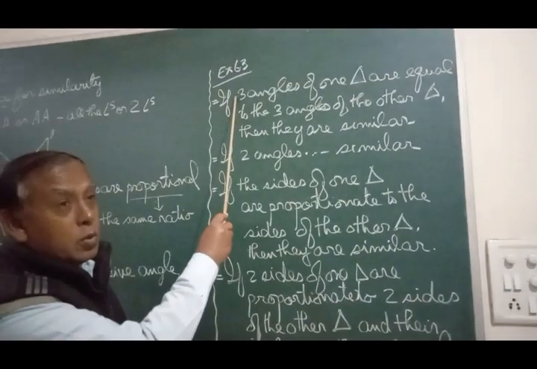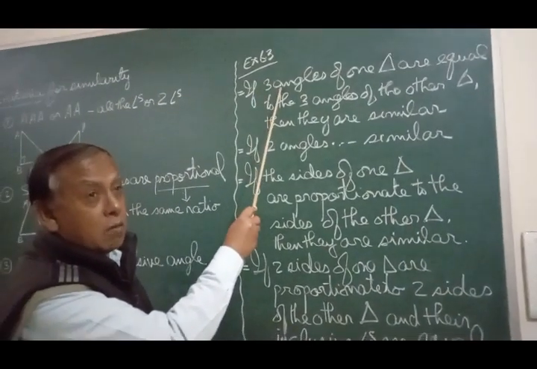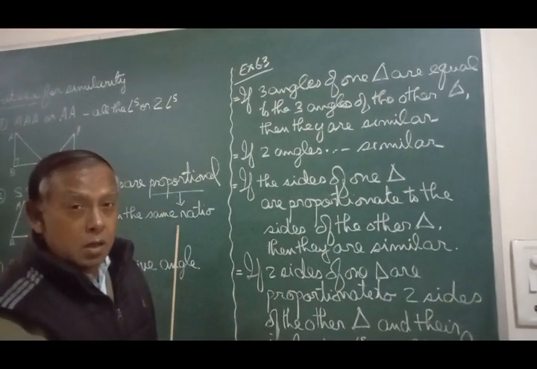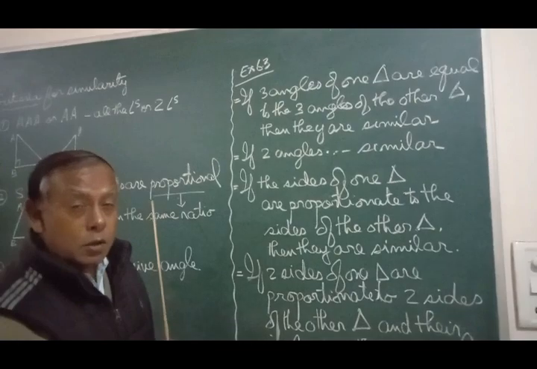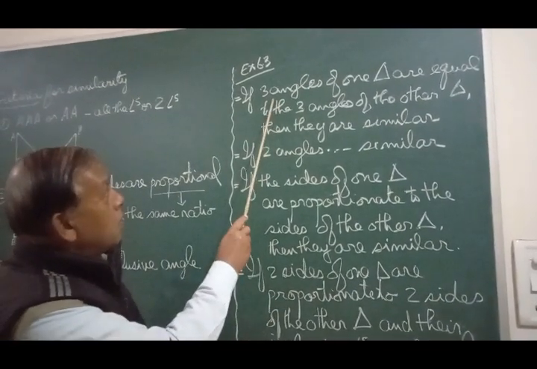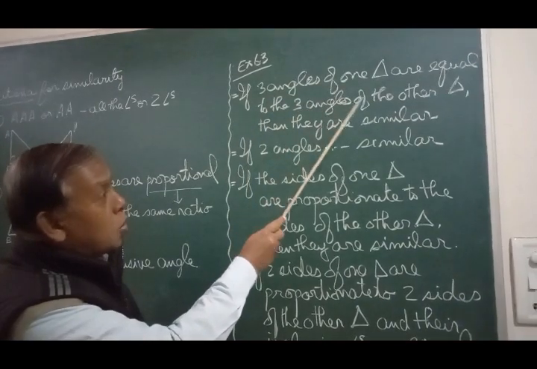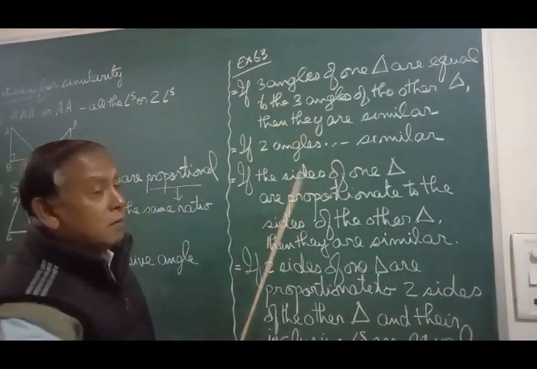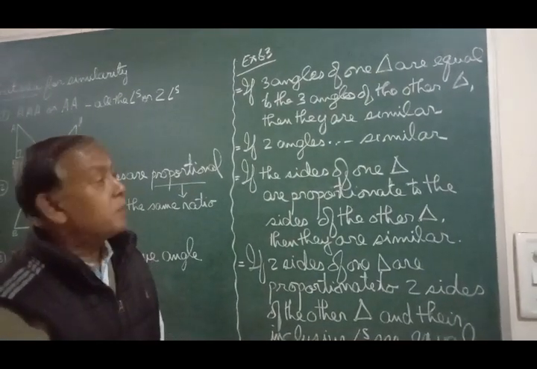In regard to exercise 6.3, the questions are based on what we have learned about the criteria for the similarity of triangles, and therefore we are just revising. If the three angles of one triangle are equal to the three angles of the other triangle, then the triangles are similar.